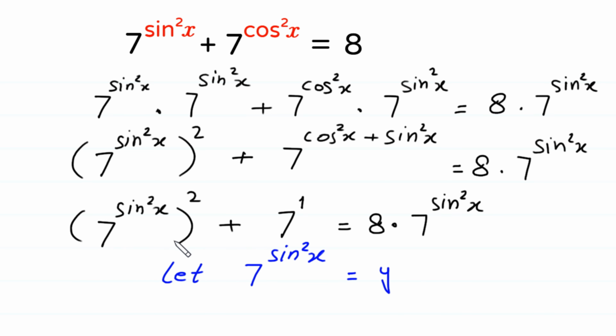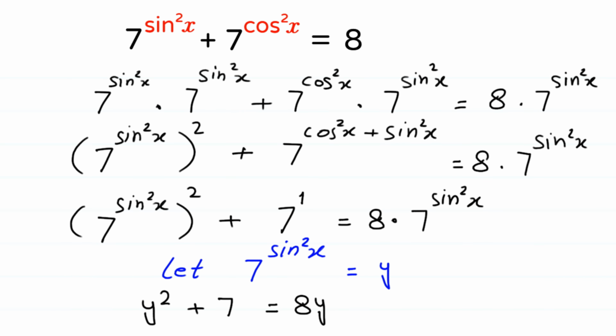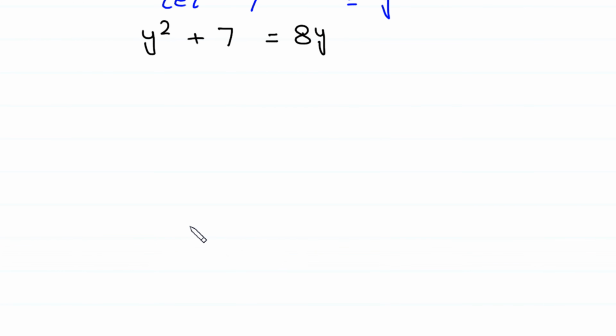Then this equation becomes y square plus 7 is equal to 8y. Next, we move this 8y to the left side. Y square minus 8y plus 7 is equal to 0.